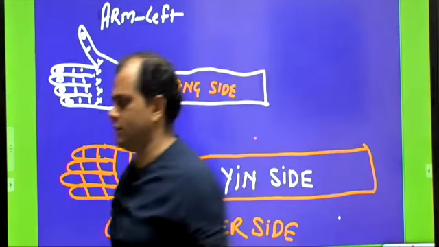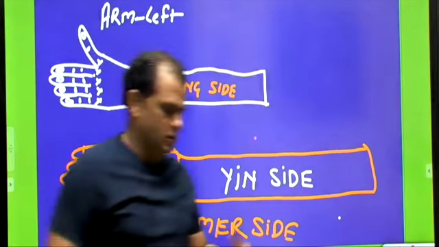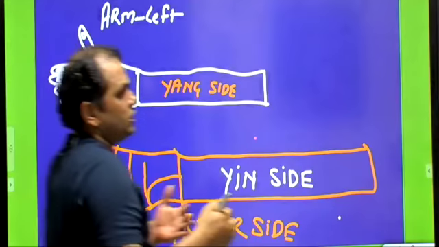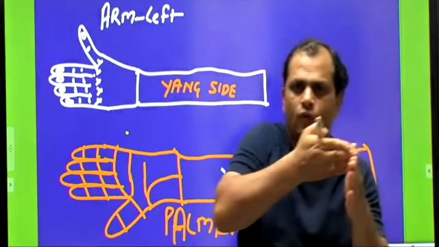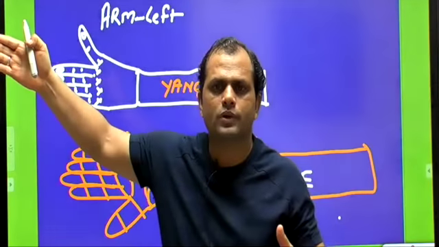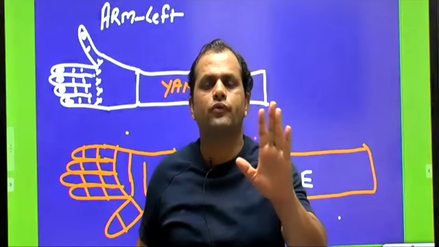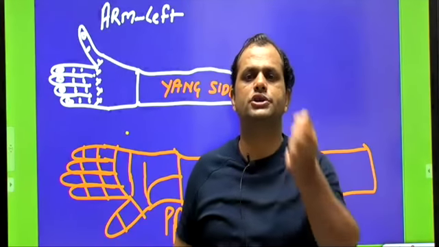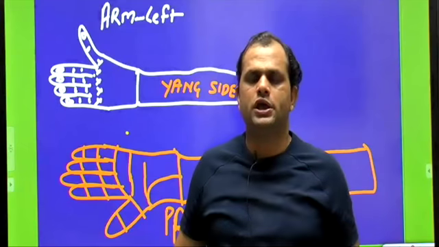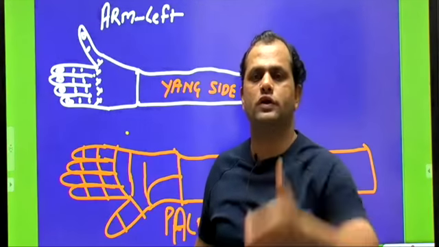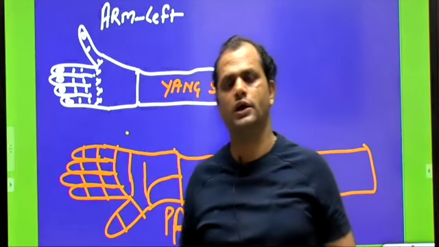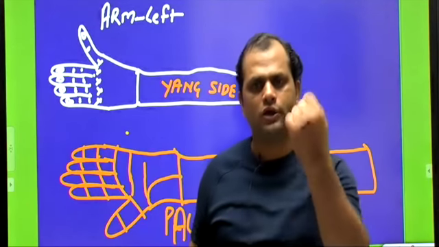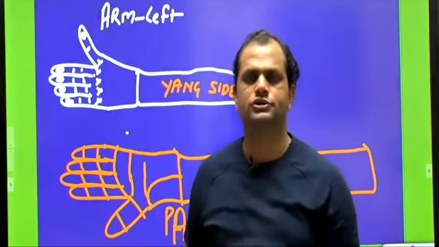In the same way, in the meridian, energy is continuously flowing. The meridian is also like the wire, but we cannot see the energy. Energy is invisible. Even this wire is invisible. We cannot see the wire, we cannot see the electricity, but we can see the effect of electricity.